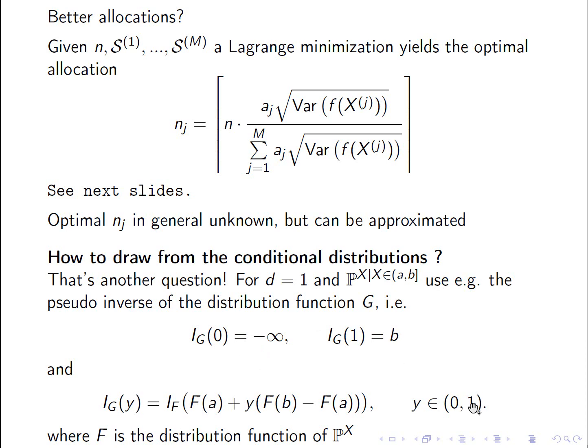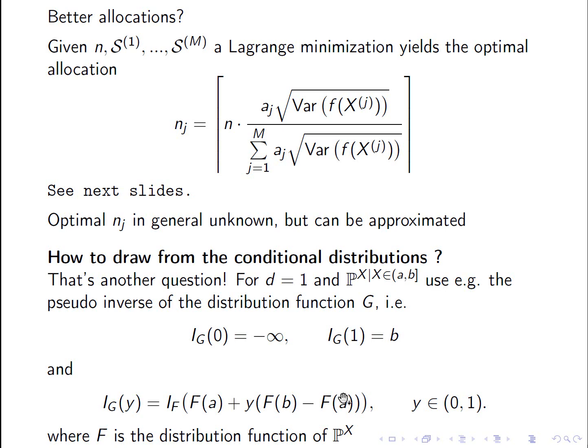And for the other cases where y is in the open interval between 0 and 1, ig of y is given in terms of the inverse of f, and the argument is f of a plus y times f of b minus f of a. Okay. And as I said, in other multidimensional cases, one has really to look at it in detail.